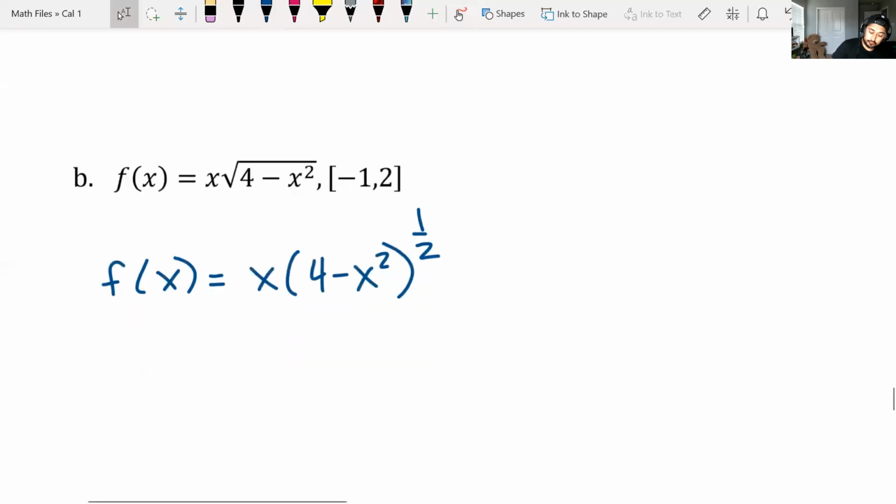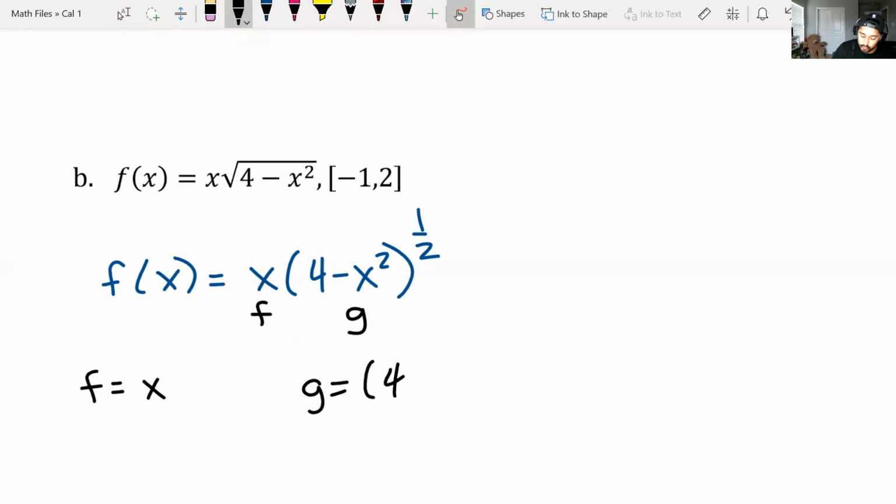Okay. Then product rule. Here's F. Here's G. So F is x. G is 4 minus x squared to the 1/2. F prime is 1.